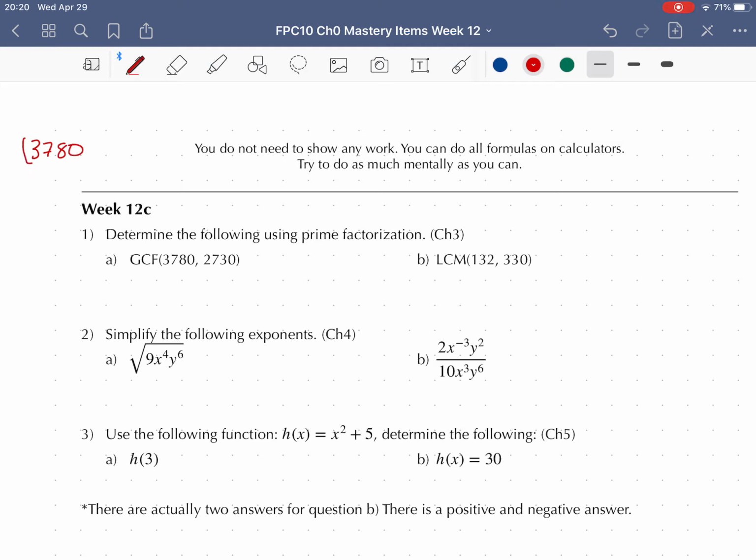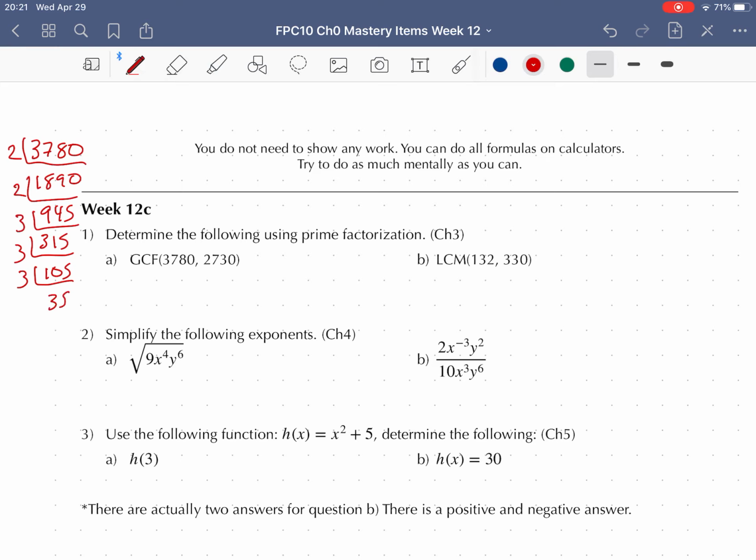And if you remember doing this, for 3780, this is the process. We divide it by 2, we get 1890. Divided by 2, 945. You can't divide it by 2 anymore, so divide by 3: 315. Divide that by 3 again: 105.